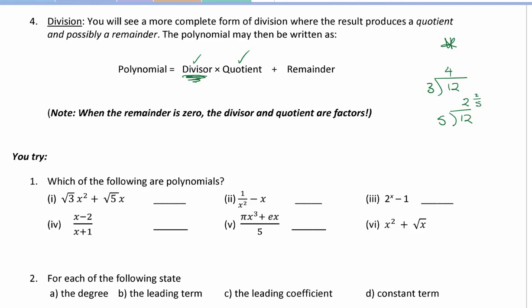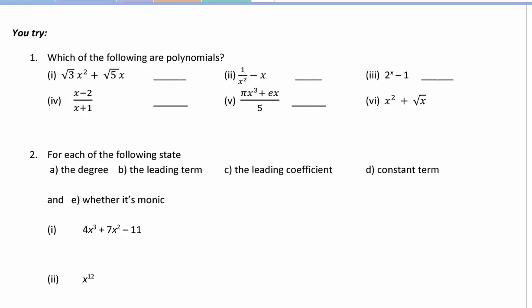Okay, now, which of these are polynomials? Well, it's really all about the powers. So can we have an x squared? Can we have an x? Yes. Can we have, well, that would equate to x to the minus 2, and the answer is no. The power cannot be a negative, and the power cannot be a fraction. And x cannot be in the power.